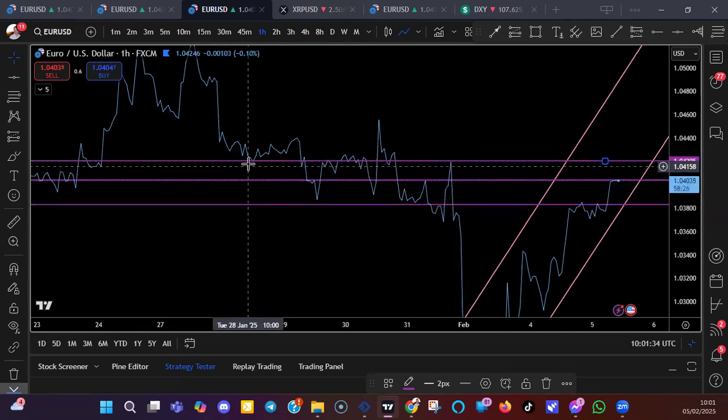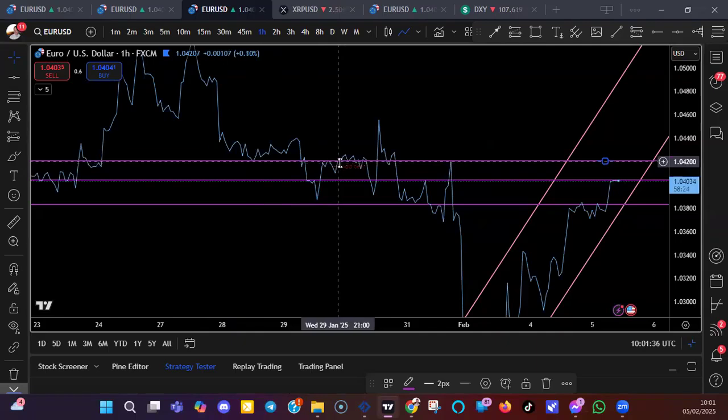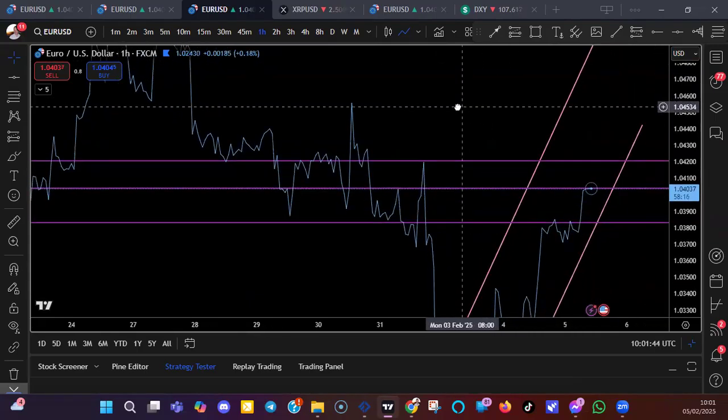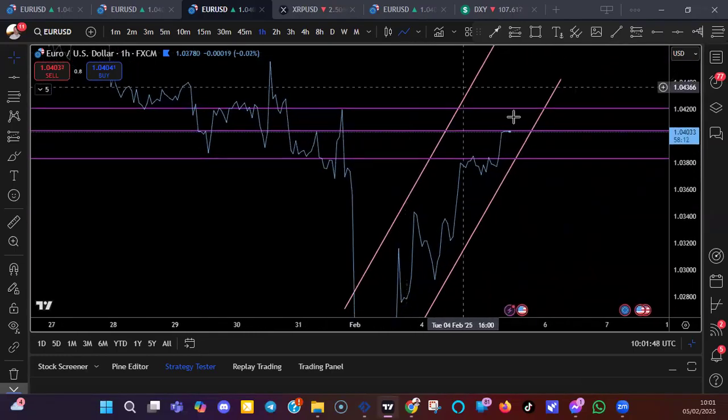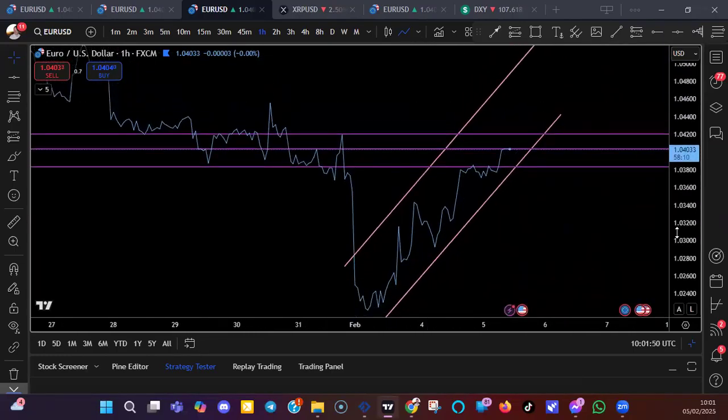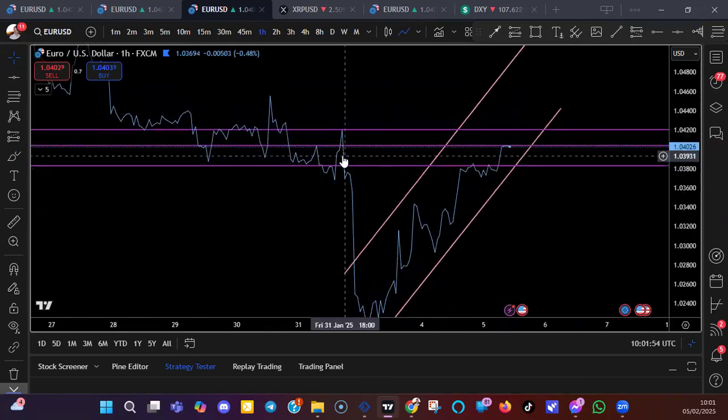Touch there, touch there, touch there, touch there. So that area there is a significant area to look at if price ever gets up to that sort of area, if we're in a trade or anything.